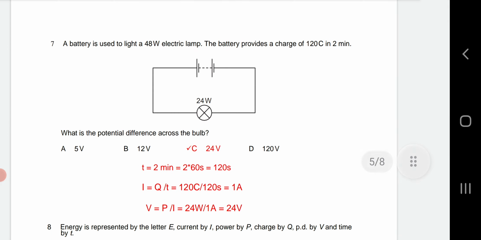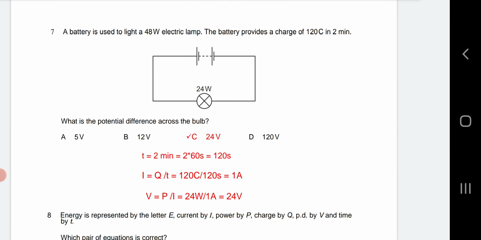Question number 7. A battery is used to light a 24 watt electric lamp. The battery provides a charge of 120 coulomb in 2 minutes. What is the potential difference across the bulb? The power rating of the bulb is given as 24 watt, and the charge is given in coulomb and time in minutes. So first calculate the value of the current.